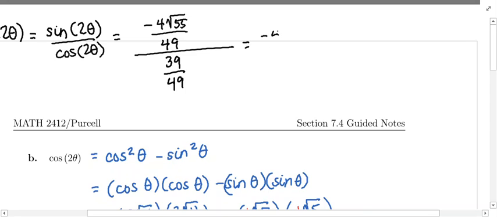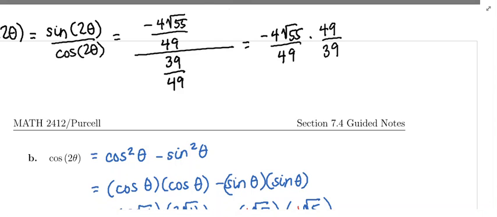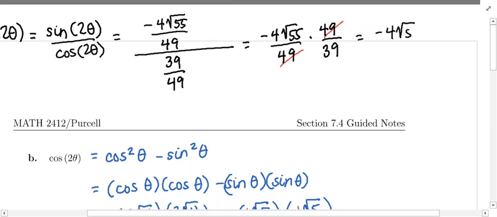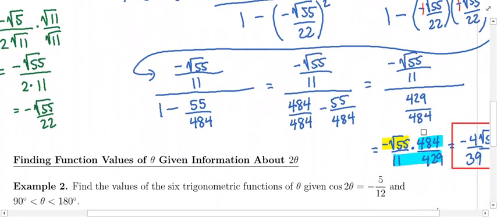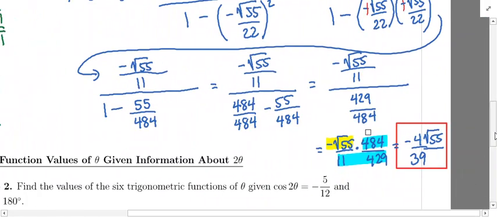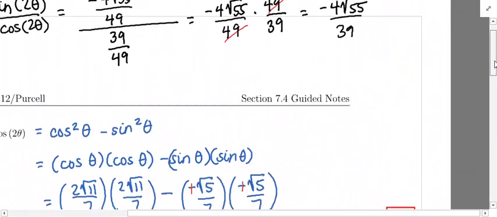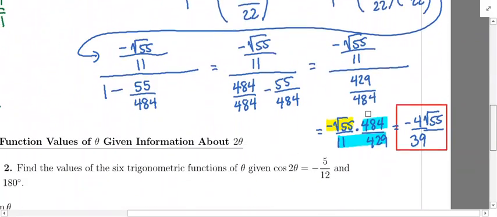So let's leave the top fraction alone, change to multiplication, flip the bottom fraction. And yay, hooray, these 49s cancel, and you're left with negative 4 times the square root of 55 over 39. If I come down here, look at what I got with all that work. The same thing, negative 4 times the square root of 55 over 39.